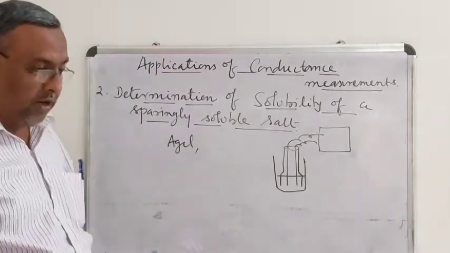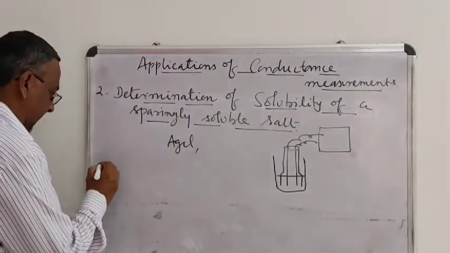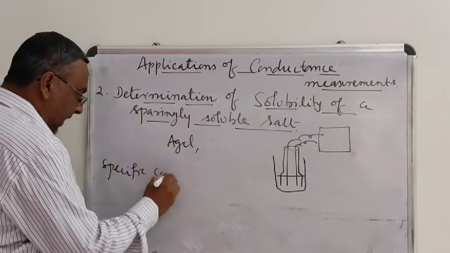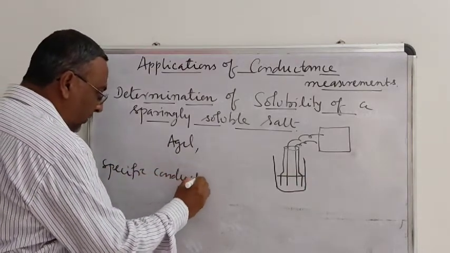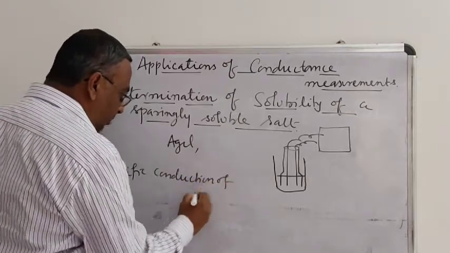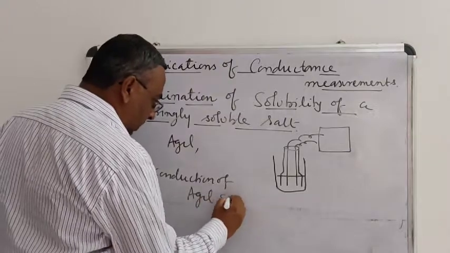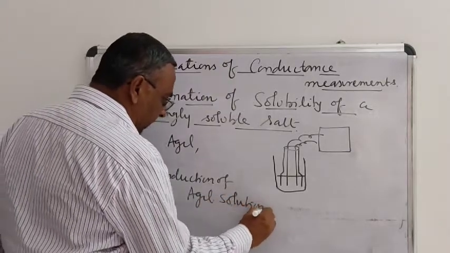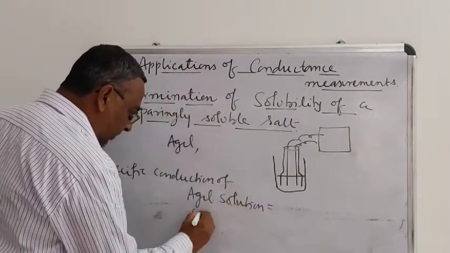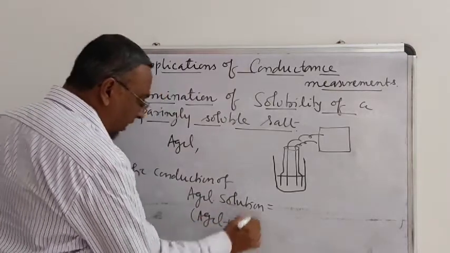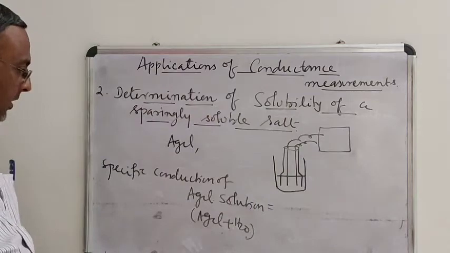First we find out the specific conductance. The specific conductance of the silver chloride solution, which contains AgCl plus water, is determined first.